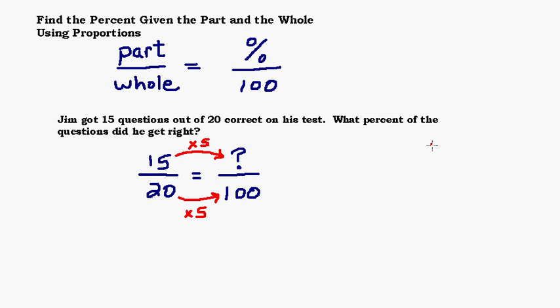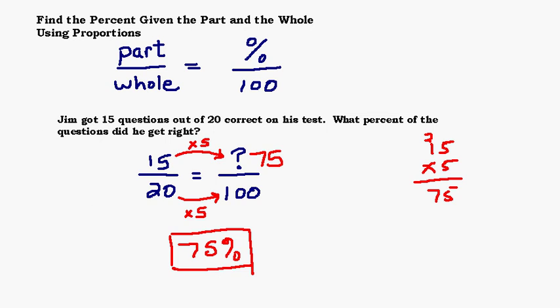So 15 times 5 should be 75. Therefore, this question mark right here should be 75, which gives me my percent. So my answer is 75%. That's how many he got right.